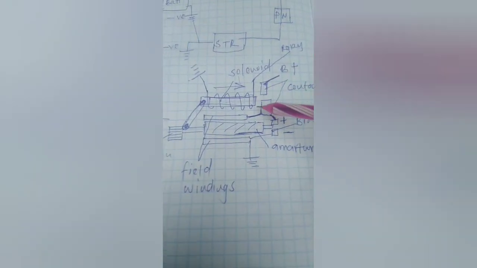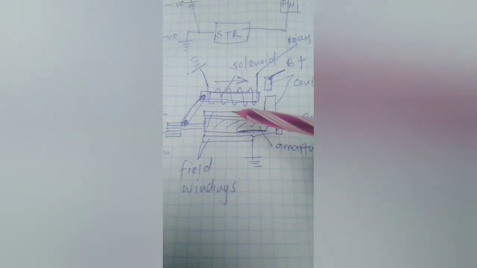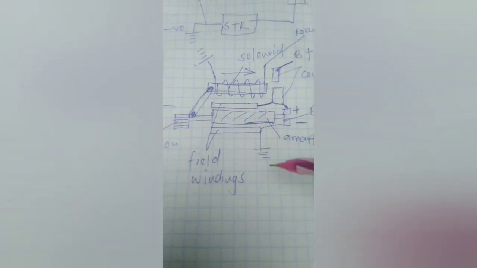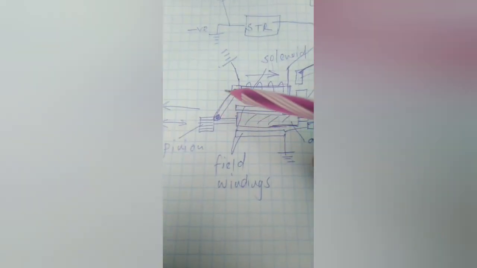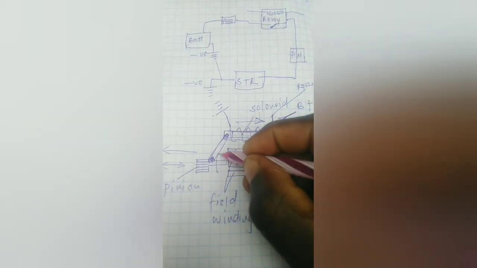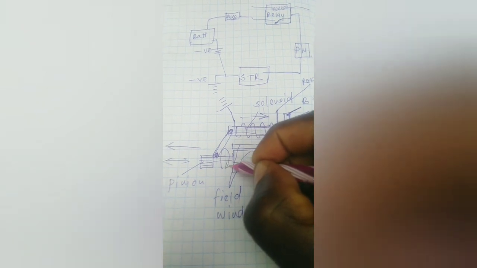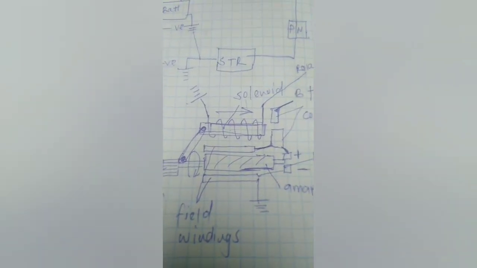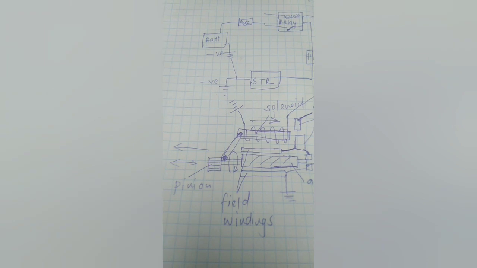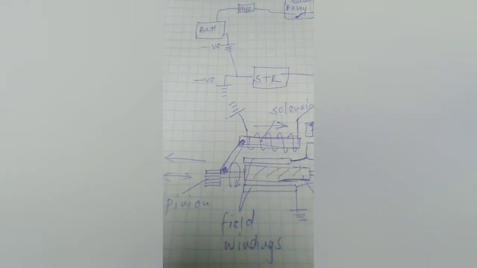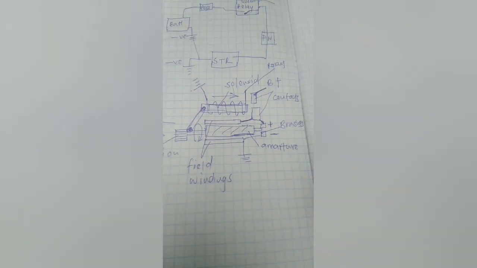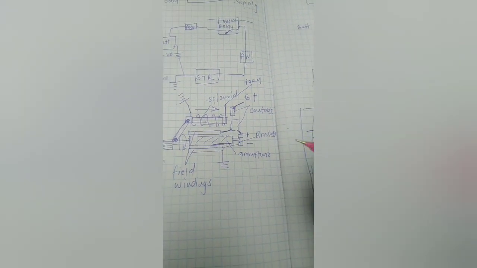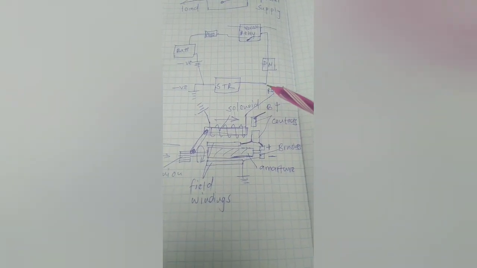After the contacts are closed, current can now flow through your windings and out, and through the brushes and out. Now it causes this to rotate. Now the starter begins to rotate and rotates your engine. That's simply how it works. It's real simple.